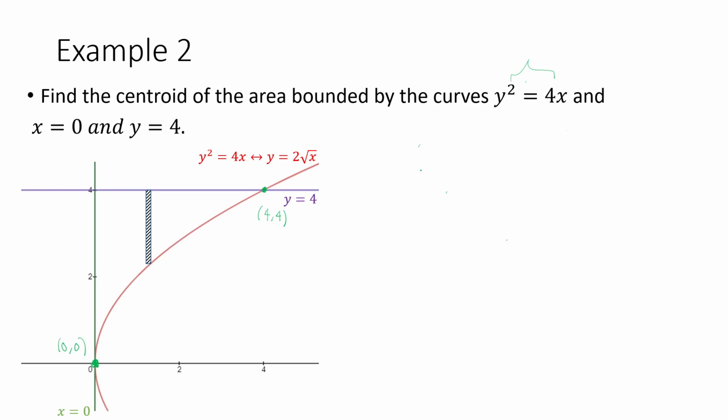So for the area, since we are using a vertical strip, area is equal to y top minus y bottom dx from x1 to x2.